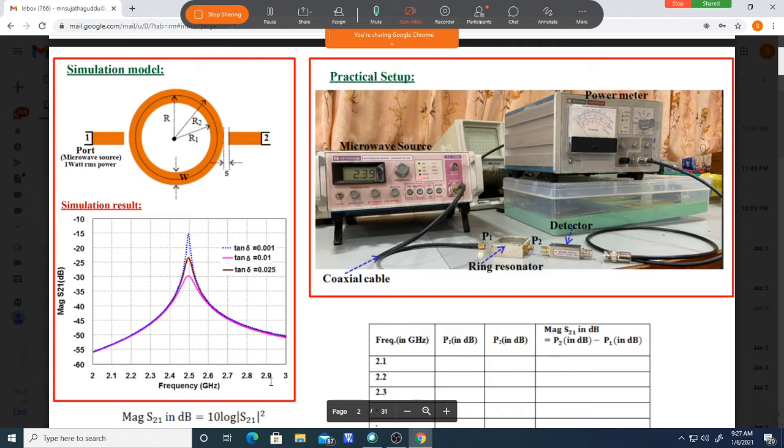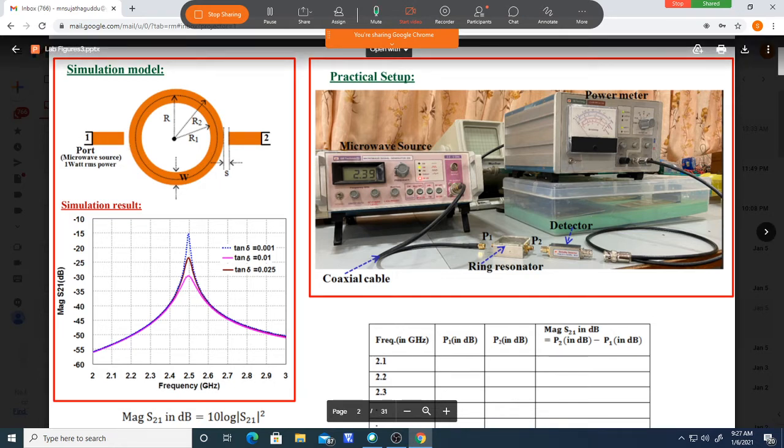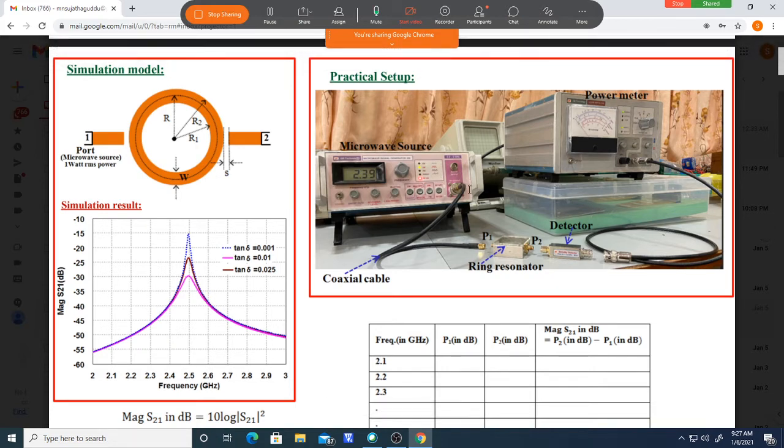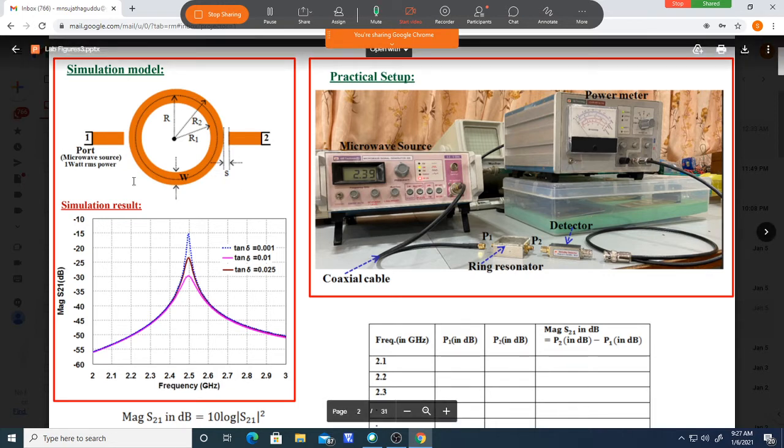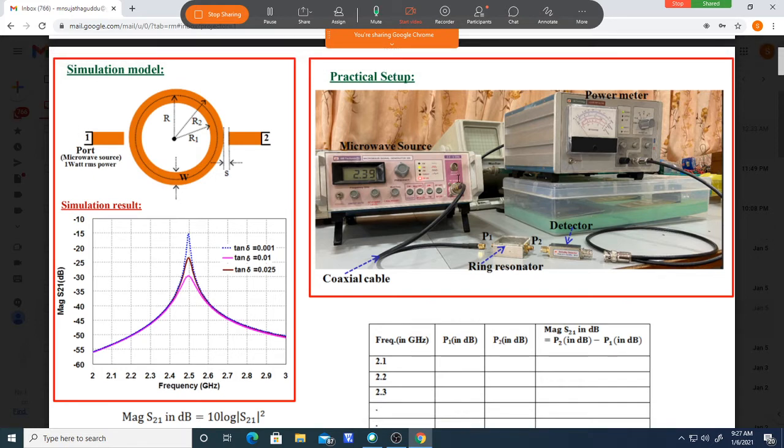For that we use a source. You see here, this is the source we use practically for applying a signal to the structure. We can vary the frequency in steps from here.